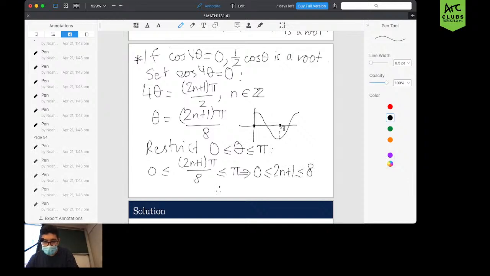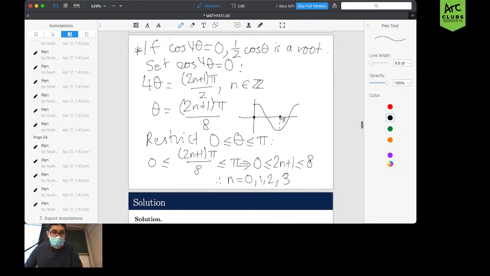And therefore, for our integer values for n, we get n is 0, 1, 2, or 3. And we have 4 possible values for n, and therefore we have our 4 roots for the polynomial, which suggests that we are on track because we know that the polynomial does have 4 roots.